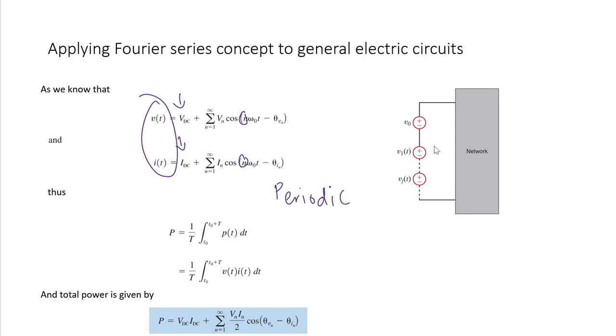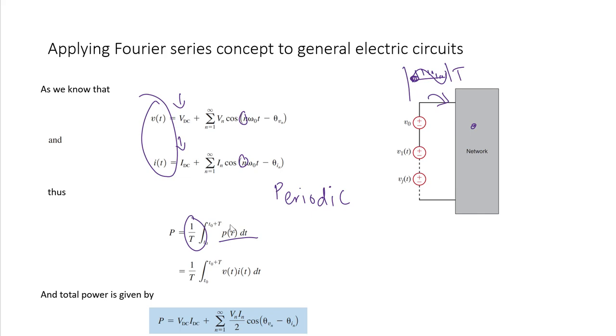So we say that the average power is 1 over T times the instantaneous power, p dt, the very minute power, and then integrating this minute power over some defined time.